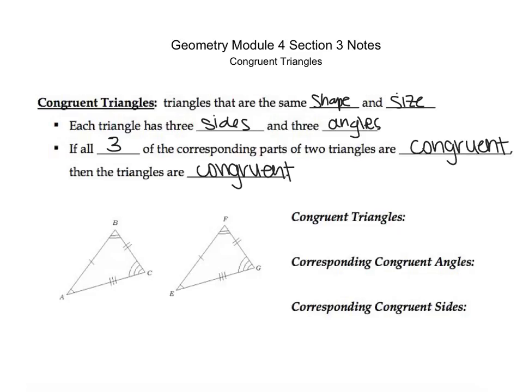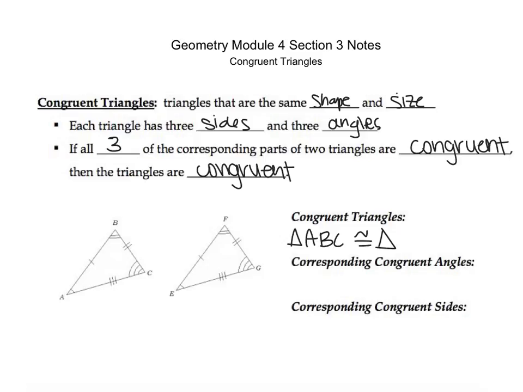If we look at our 2 triangles we're given, I can write a congruent statement saying the triangles are congruent. I want to make sure corresponding sides match when I write this statement. However I name my first triangle determines how I'm going to name my second triangle. Let's say I name my first triangle, triangle ABC. I say it is congruent, and when I name my second triangle, I've got to make sure corresponding angles and sides match up as well.